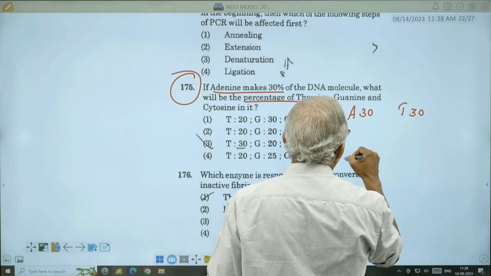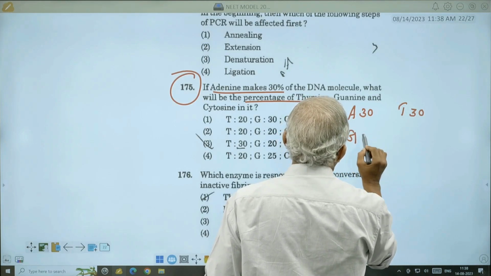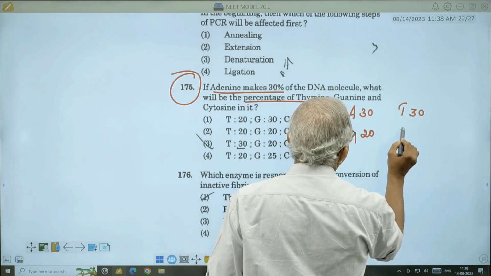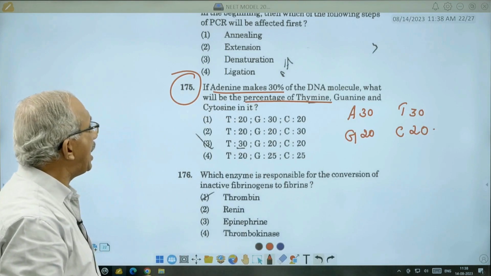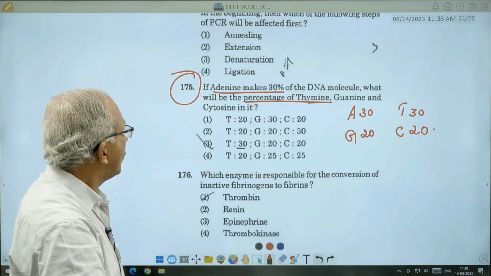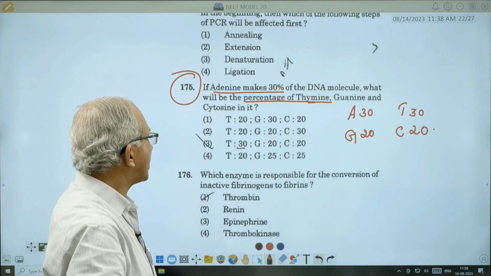The remaining 40 is split: guanine 20%, cytosine 20%.